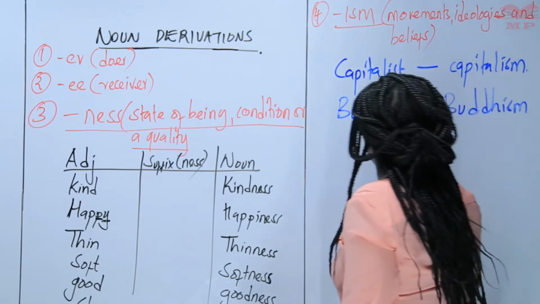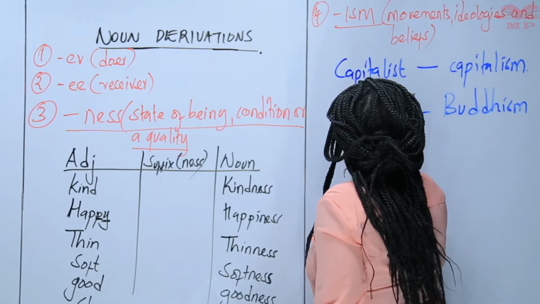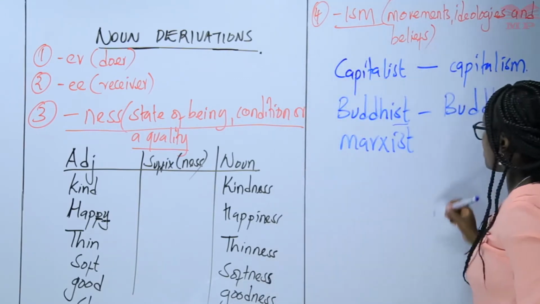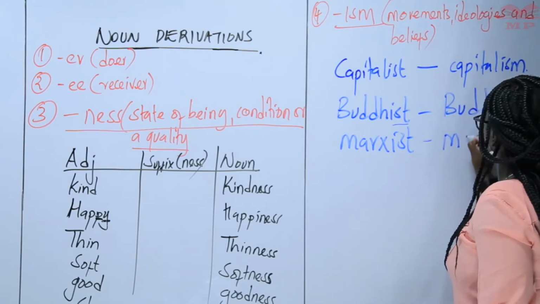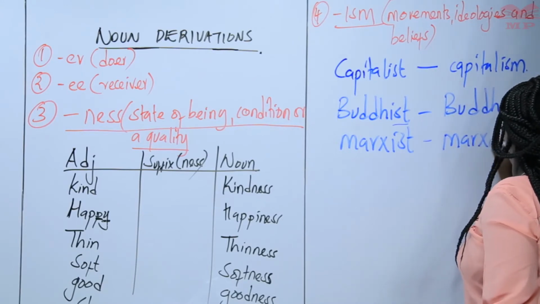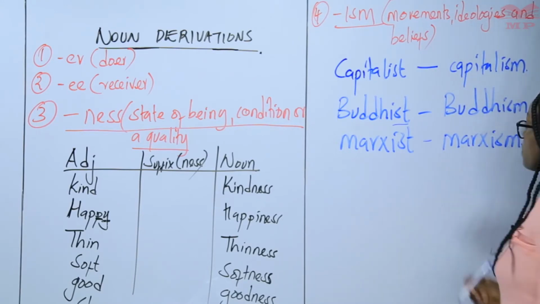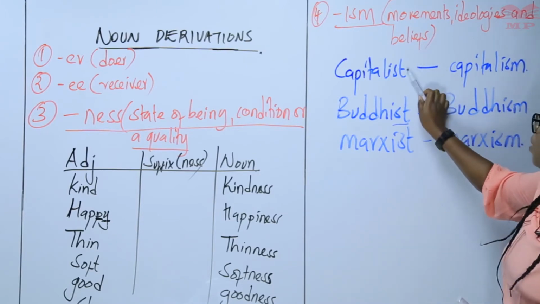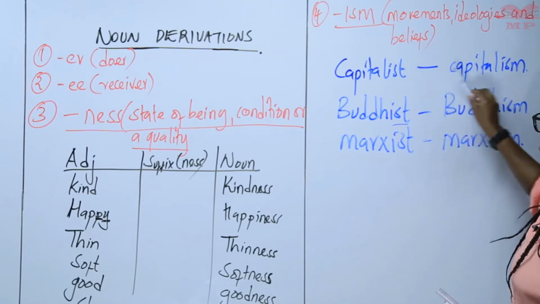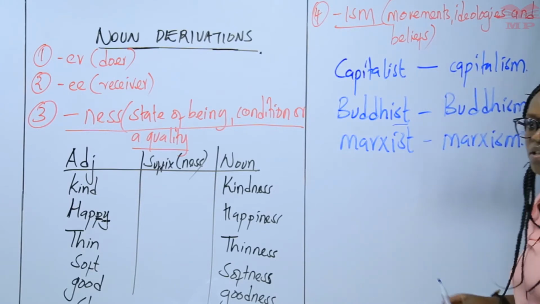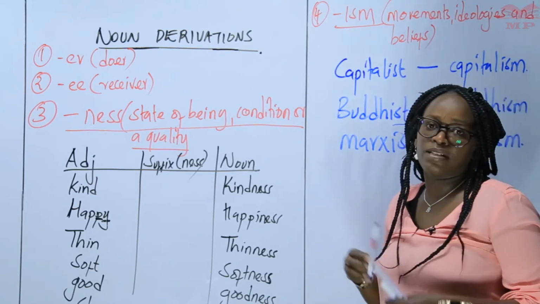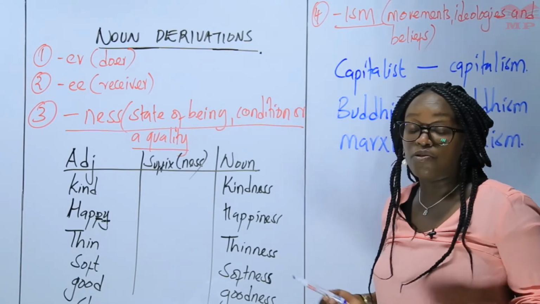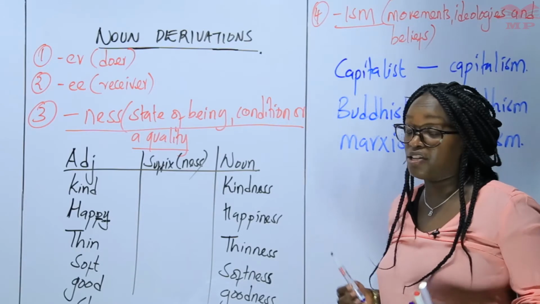And then we could also get another example like Marxist. When we replace this one, we form a new word which is Marxism. So for this one, most of the nouns that are formed here mostly talk about either political movements, economic movements, social movements, or even some religions.